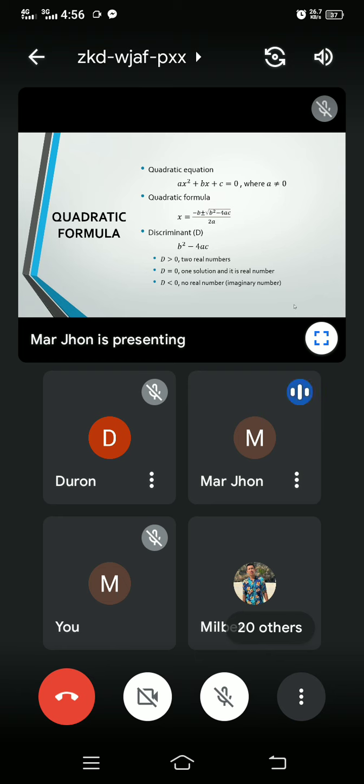If the discriminant is greater than 0, you have two roots, two real numbers. If the discriminant is equal to 0, there is one solution and it is a real number, so only one number satisfies the equation.